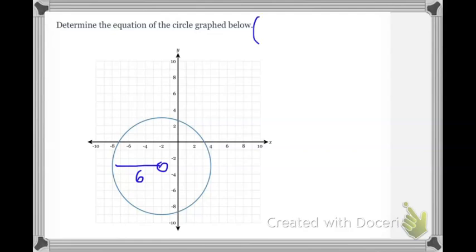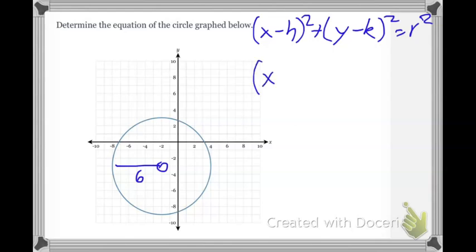So again, our standard formula is x minus h squared plus y minus k squared equals r squared. So we just need to plug in h, k, and r. We have x minus h. H is the x value of the center, which is -2.